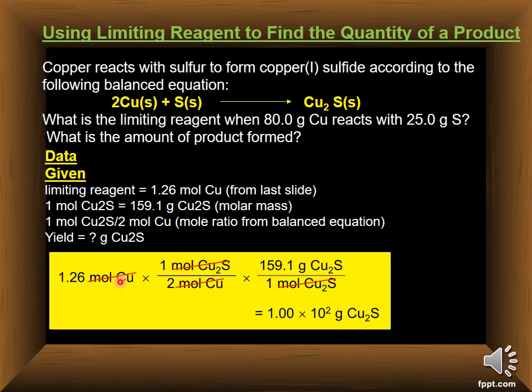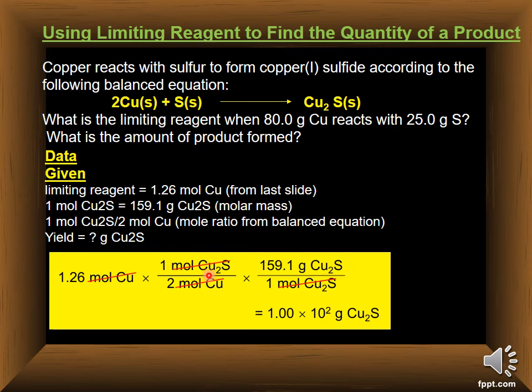Okay, conversion factor again: given unit, put the given unit down, times moles of what? Copper 1 sulfide. So what is the mole ratio? 2:1, so 1/2. I hope you understand what I'm saying. 1.26 moles of copper times, because moles of copper is given, moles of copper goes down in the mole ratio, and what you need is moles of copper 1 sulfide.